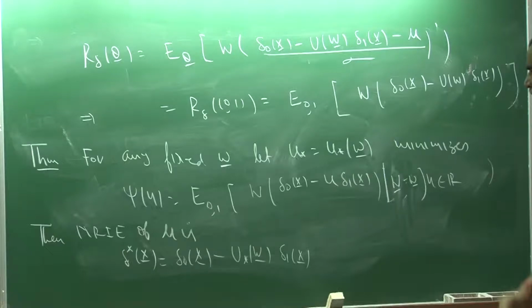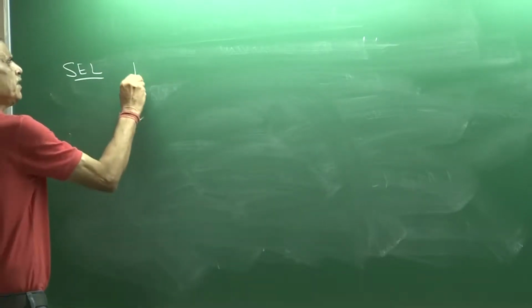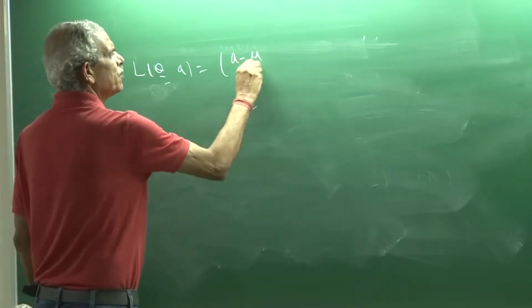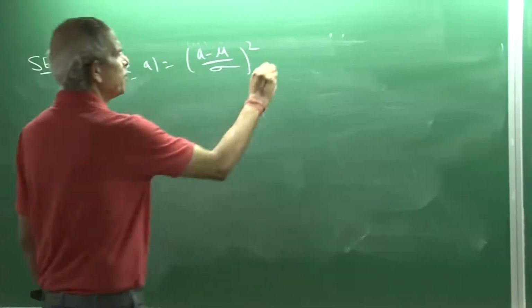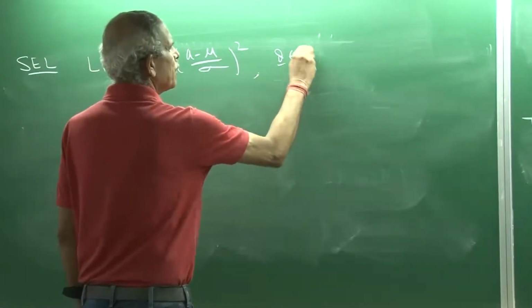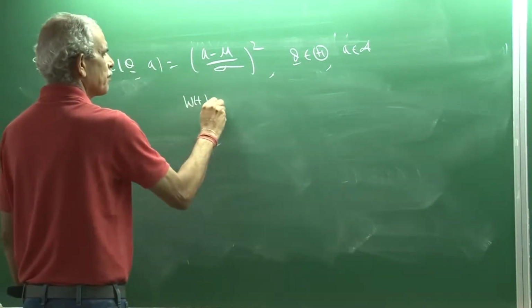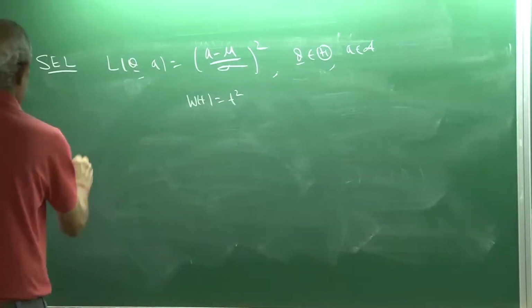Now, let's consider the squared error loss function. What is the squared error loss function? L theta A is A minus mu by sigma whole square, which means my W is T square. So I try to see what should be my psi u, and I try to minimize that.